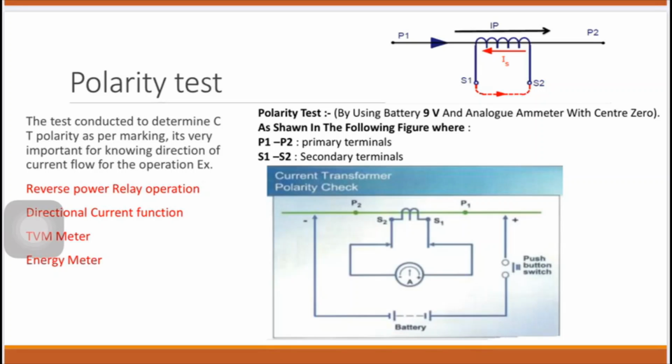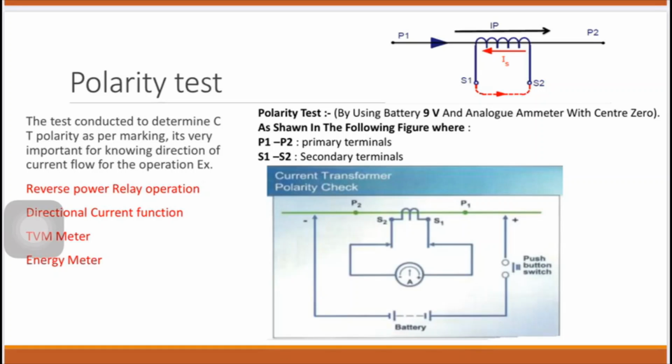During this period there is a deflection in the secondary-connected milliammeter. If the deflection is in the forward direction, then we can justify that the polarity is correct. If the deflection is in the reverse direction, then we have to cross-verify the wiring and confirm the polarity.